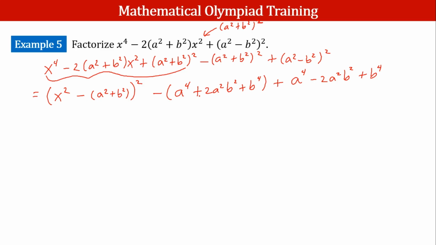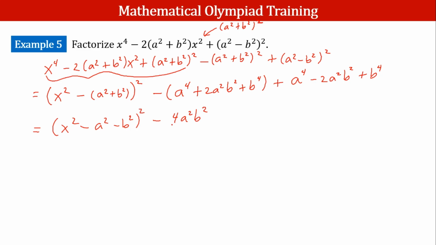And also, we will have 2 copies of negative 2a squared b squared. So that gives us negative 4a squared b squared. So I'm going to write this one as x squared minus a squared minus b squared minus 4a squared b squared.